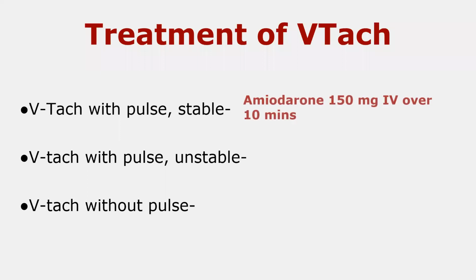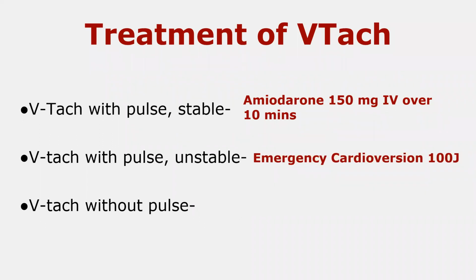So in summary, if a patient has ventricular tachycardia and they have a pulse and they are stable, you can begin with pharmacologic support, and that might be in the form of amiodarone, 150 milligrams over 10 minutes. However, if the patient is having ventricular tachycardia with cash or being unstable, then we might consider emergency cardioversion.